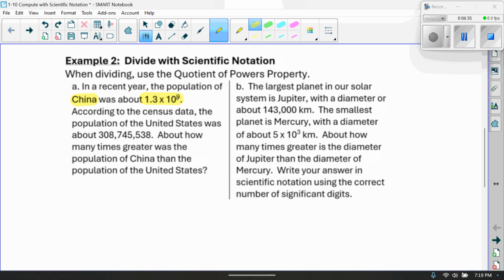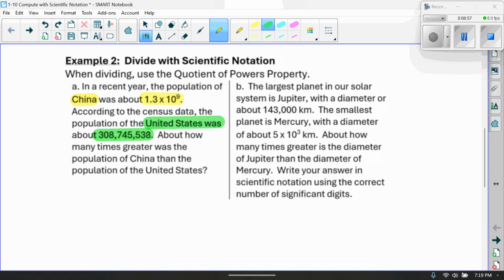According to the census data, the population of the United States was about 308,745,538.